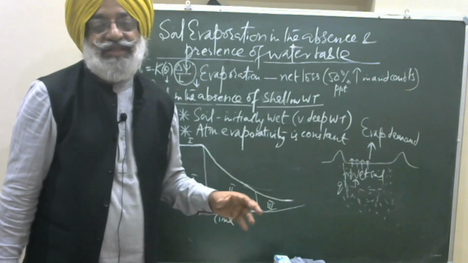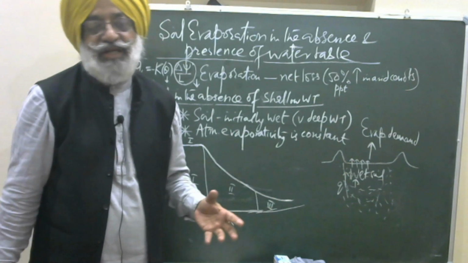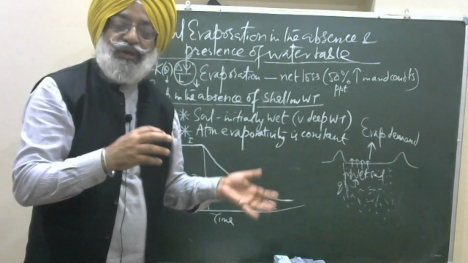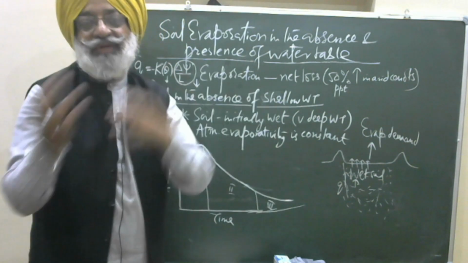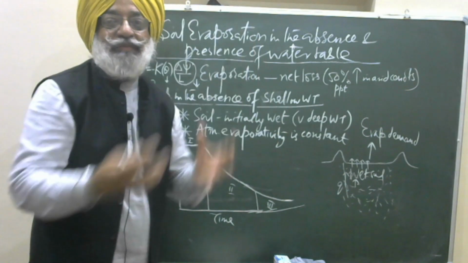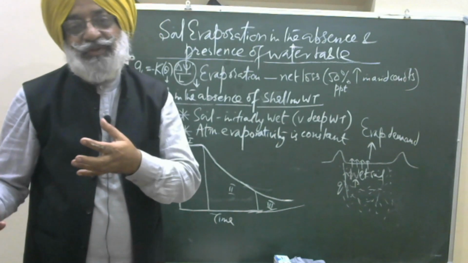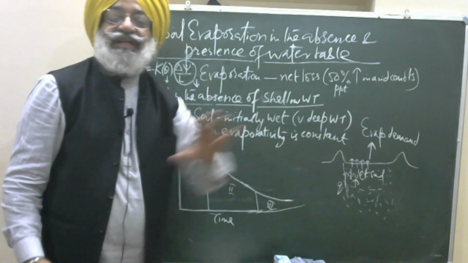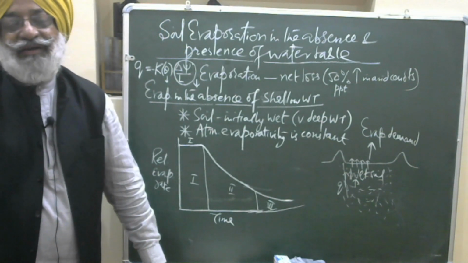If you remember Darcy's law, water movement in unsaturated soils: the hydraulic conductivity is a function of permeability and fluidity. Permeability depends upon the properties of the soil, fluidity depends upon the properties of the water. So in both cases, hydraulic conductivity becomes the determining factor.